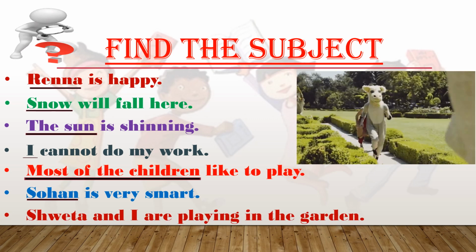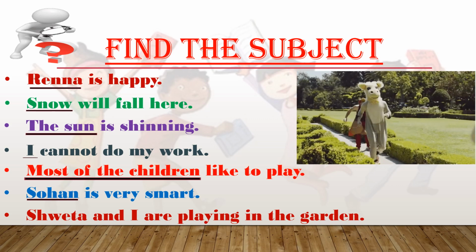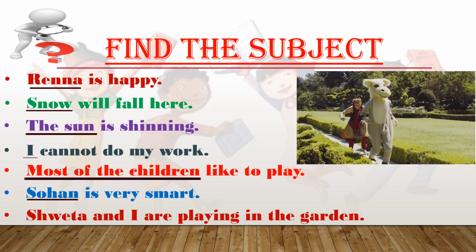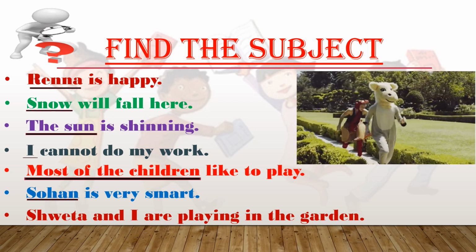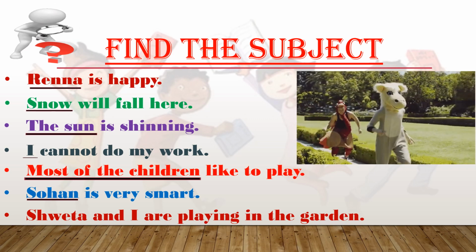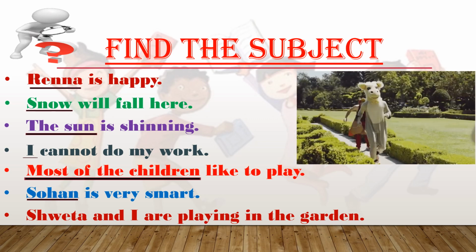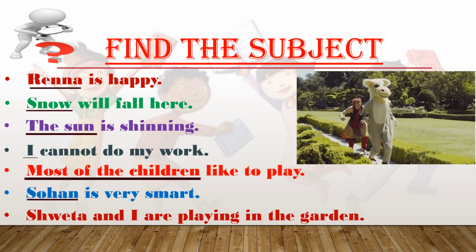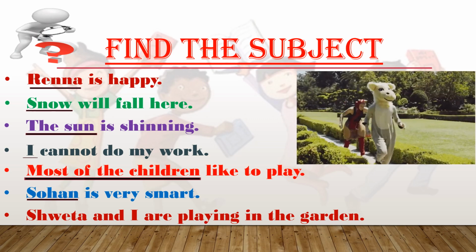Last one. Shweta and I are playing in the garden. Okay, this is a tricky one here. Who are playing in the garden? Because the verb here is are playing. So, who is playing? Ask yourselves. Shweta is playing. Yes, of course Shweta is playing.